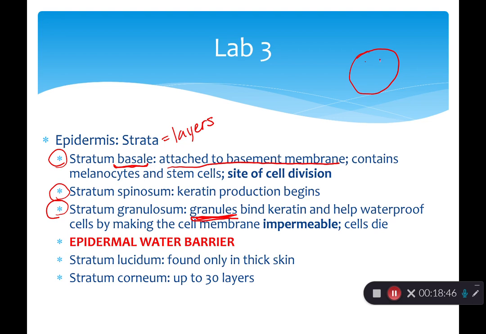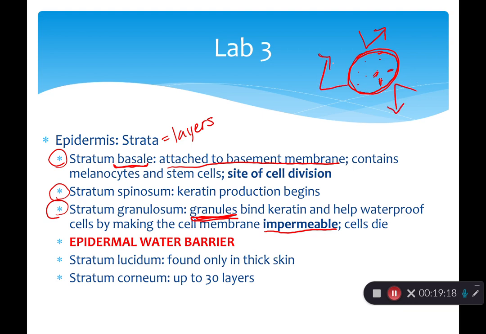They are going to have granules in them, and what those granules will do is bind up the keratin, which again is the protein that makes hair, skin, and nails stronger, and then other ones will release kind of like a waxy layer that will make the cell membrane impermeable, and so the cells die. Impermeable means nothing gets through.